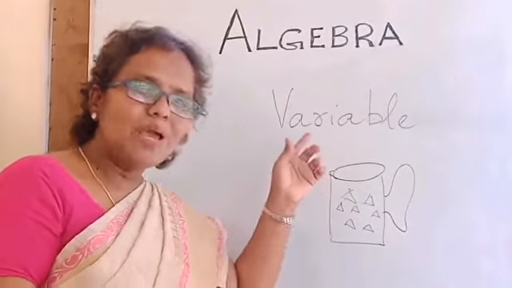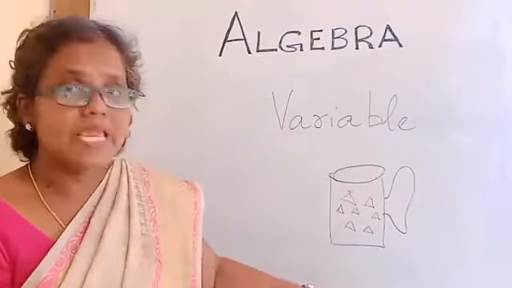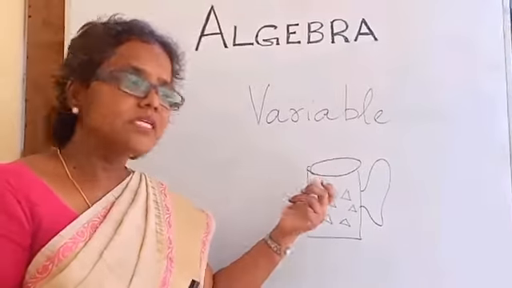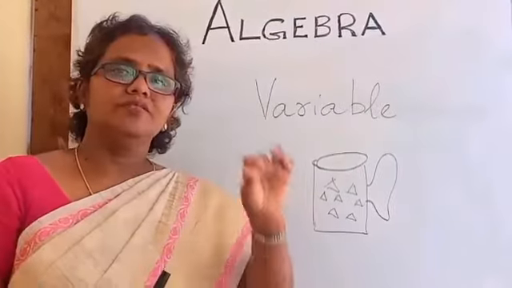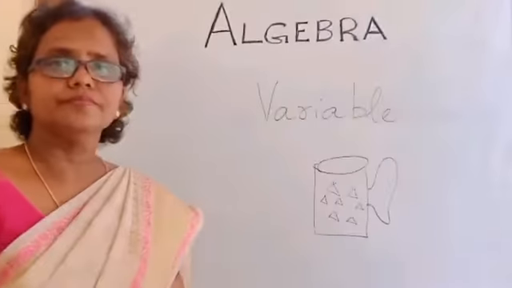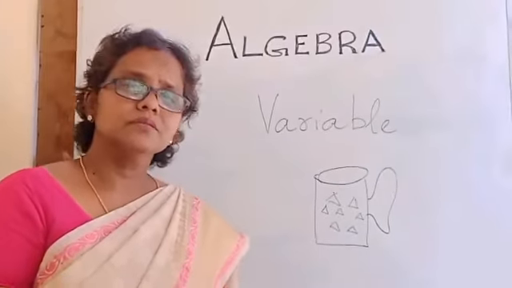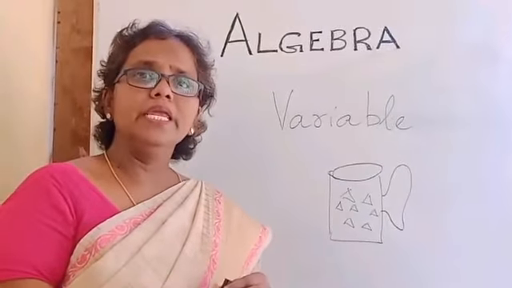Now, while I am going to use the same variable in my mathematical operations, the naming convention will be very large, and therefore in algebra, we make the naming of these containers short. We shorten the naming convention. How is it possible? We have 26 alphabets in the English language.